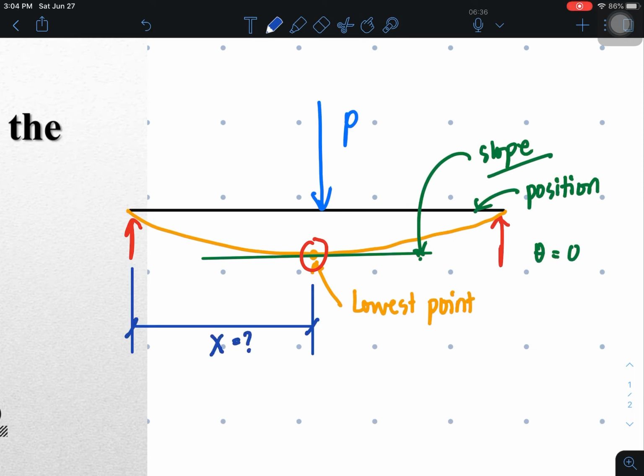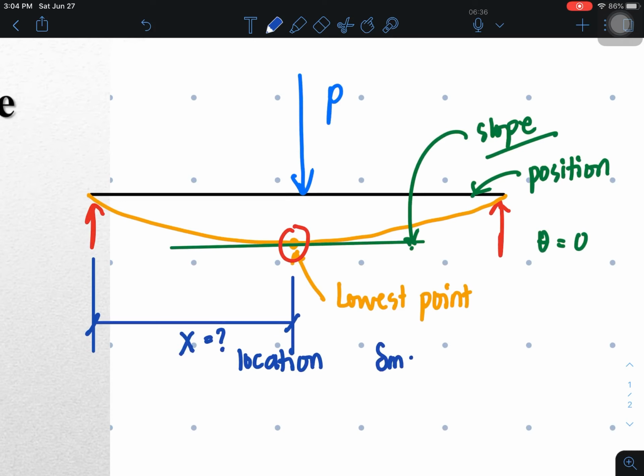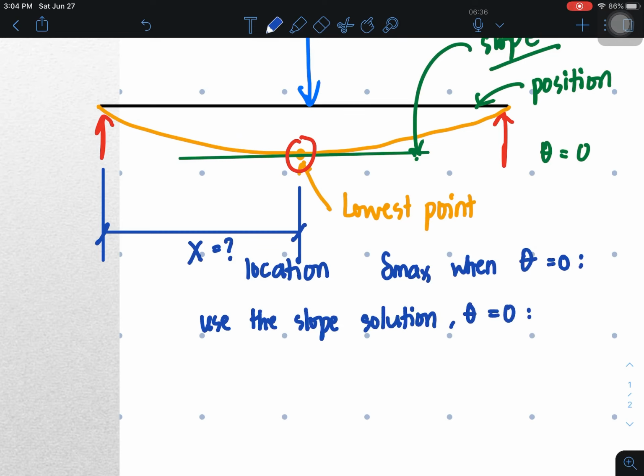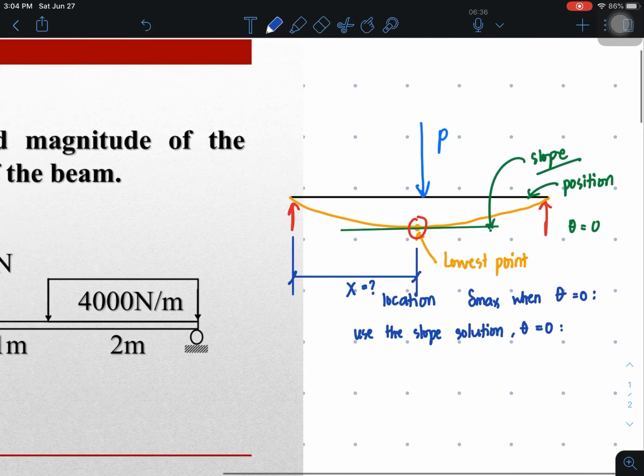Mao ni ang location. So ang maximum deflection occurs when slope is 0. If that's the case, we're going to use the slope solution, and we have to equate slope equal to 0. So that's what we are going to do later on.